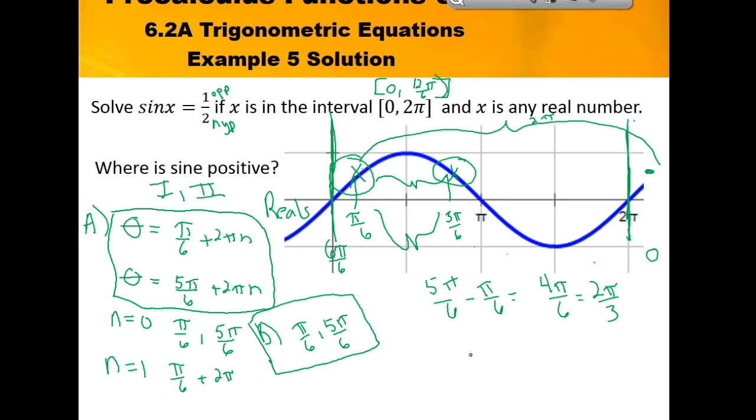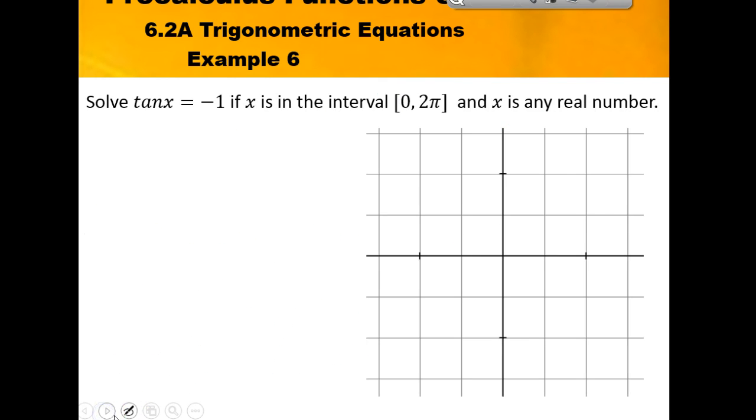So let's try another one. Okay, so tan x is negative 1 in the interval 0 to 2 pi, and I gave you this little note earlier about tangent and 1 or negative 1.